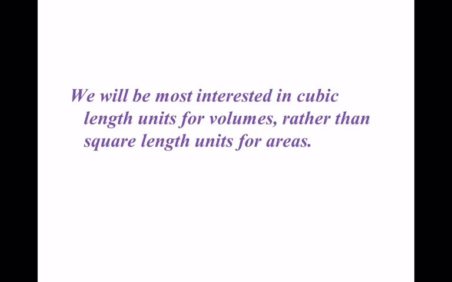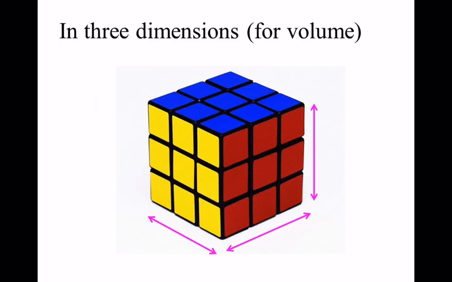So that was area, but in physical science, we're not as worried about area as we are volume. So let's take it up one more dimension. Remember, if we're talking about the volume of something cube-like, we take length times width times height to get the volume.